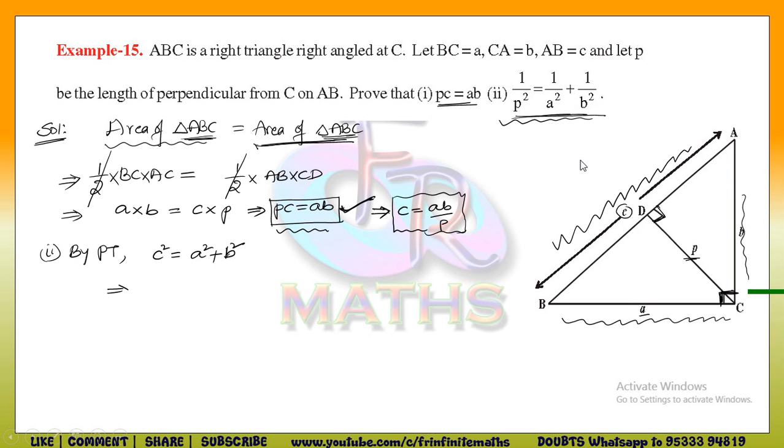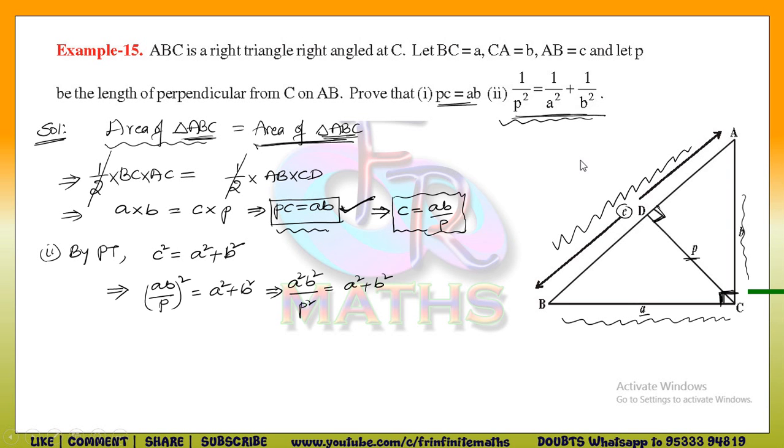Directly when I substitute c is equal to ab by p, this becomes ab by p whole square is equal to a square plus b square. Now from this I can write it as a square b square by p square is equal to a square plus b square, right? Now clearly I need 1 by p square.